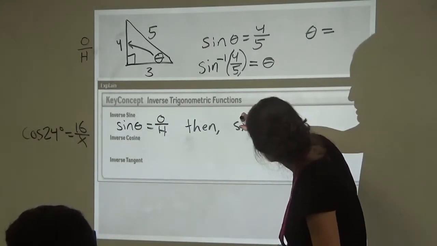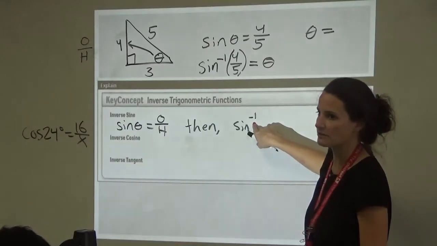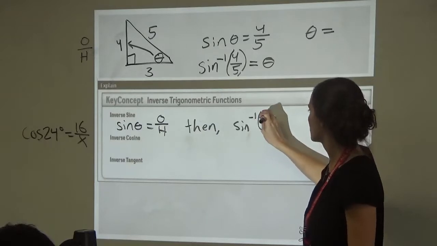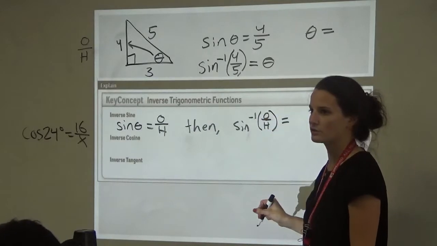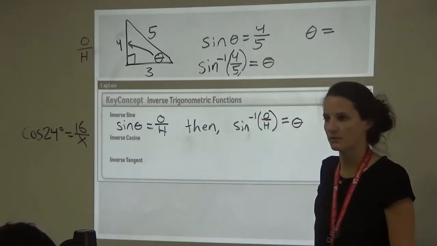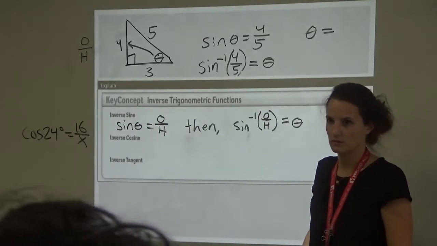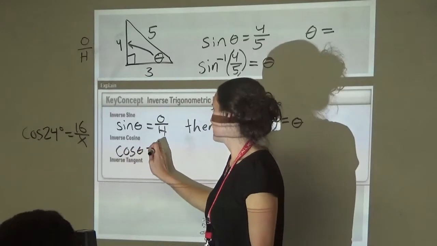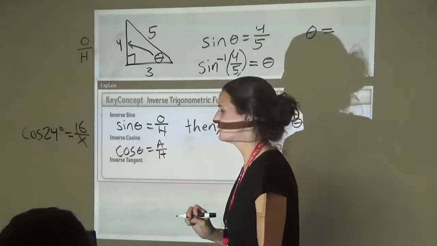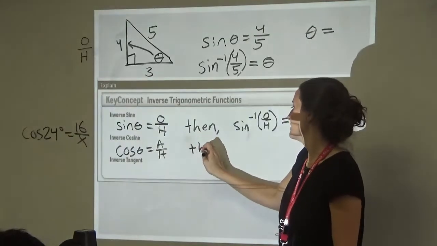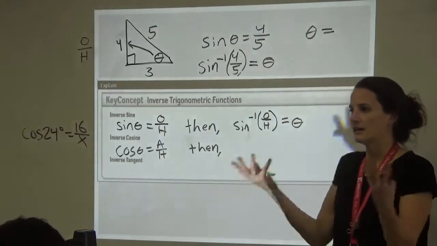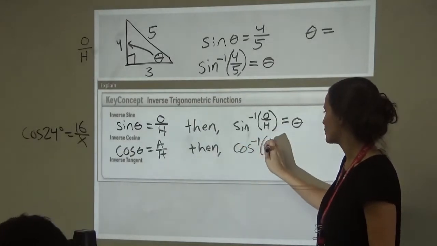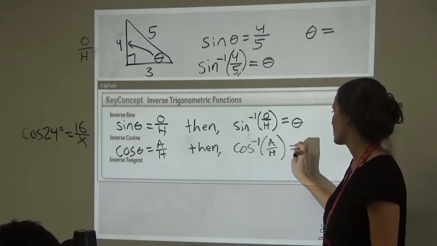So inverse sine with this little -1 right here, that's how we say inverse sine, of O over H, our side lengths, should be equal to theta. That's how we can solve for theta, our angle. Okay? If I know that cosine of theta is my adjacent over my hypotenuse, then I can find my angle by doing inverse cosine of adjacent over hypotenuse. That should give me my theta.